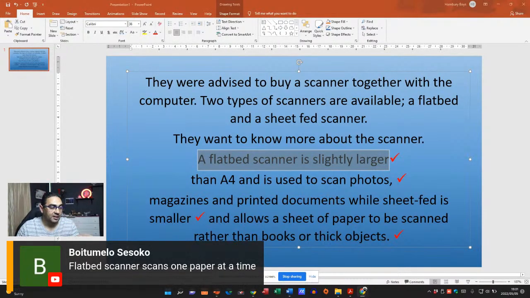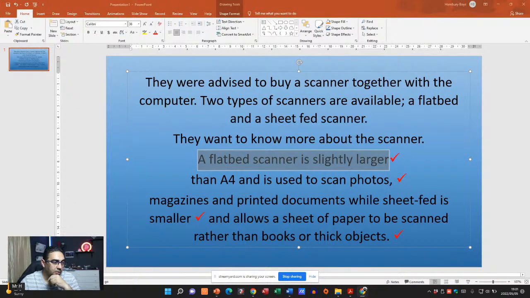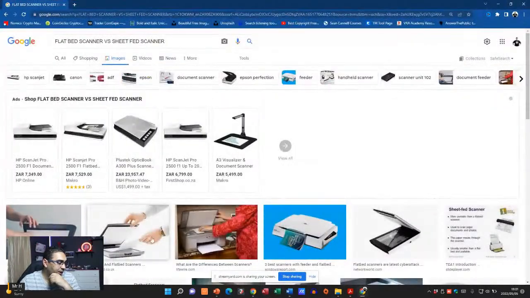With our flatbed scanner, Poitomelo says flatbed scanner scans images 1 page at a time. Yes. When we look at our flatbed scanner over here, what do we see?